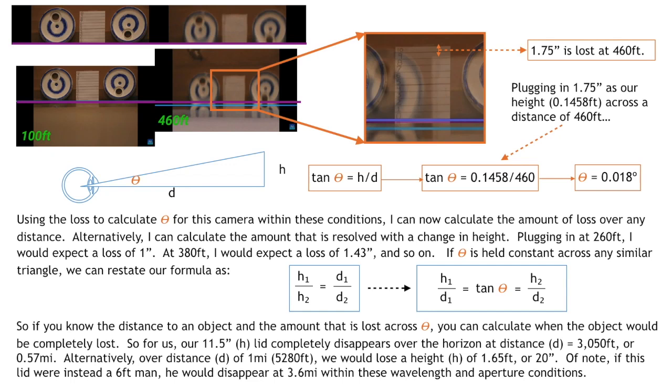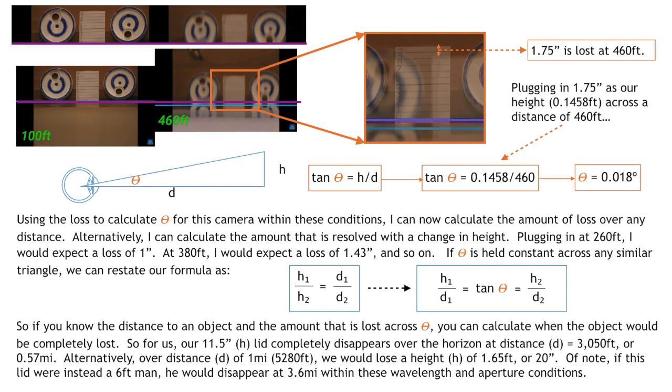Using our same diagram as we've done before, solving for theta gives us a very similar angle to what we've gotten before, which is 0.018 degrees, very close to our 0.02 degree, 1 arc minute human eye resolution limit.